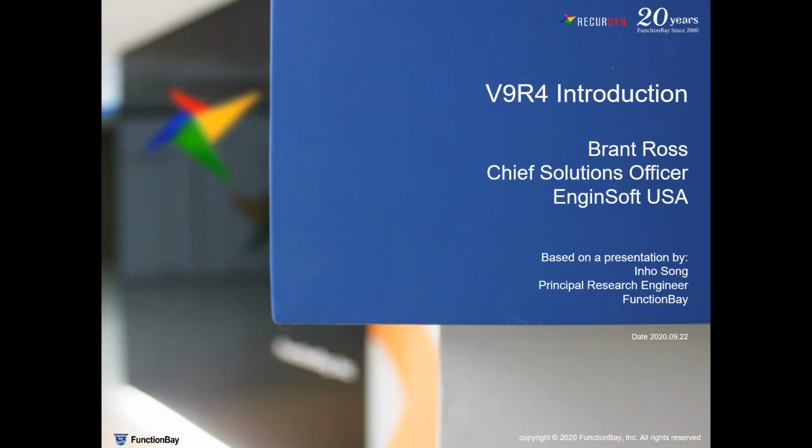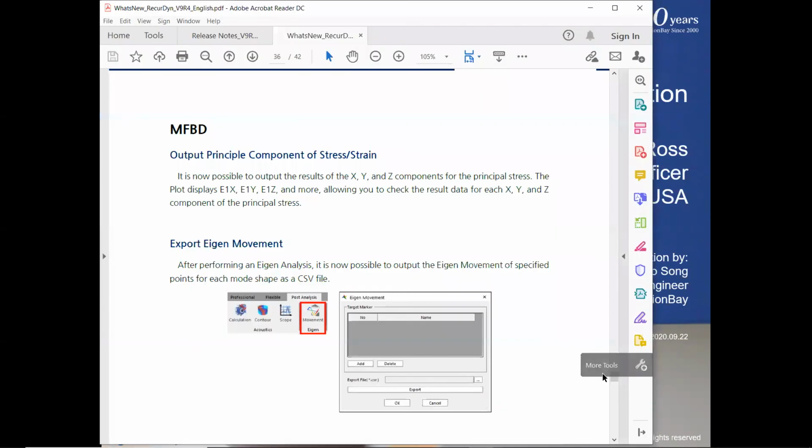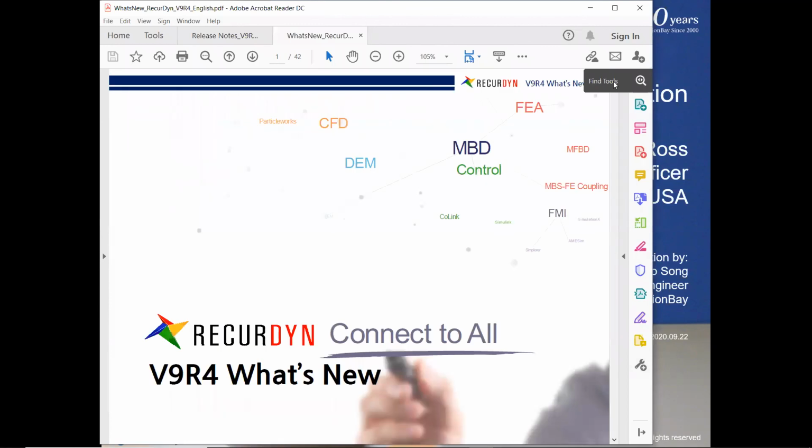This is the second session related to the RecurDyn V9R4 introduction. As with the first session, we'll go into a bit of detail on the new functionality. One thing I wanted to point out before we get started is that there are some resources that are part of the installation.